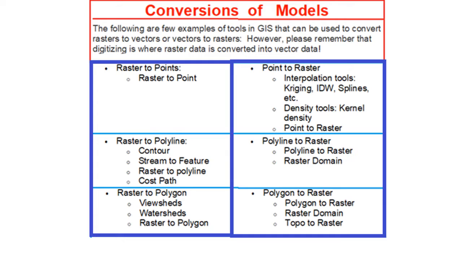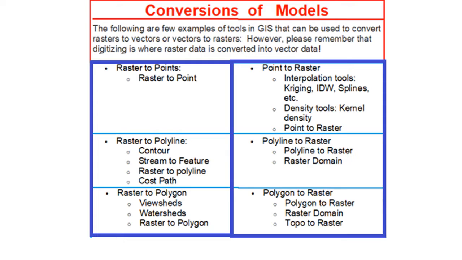Let us say raster to point, it is only one, raster to point. And the second one, the lower one, raster to polyline. This is the line. Contour, stream to feature, raster to polyline, cost path. So these are different types of data which we need.